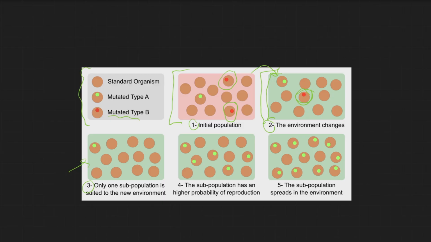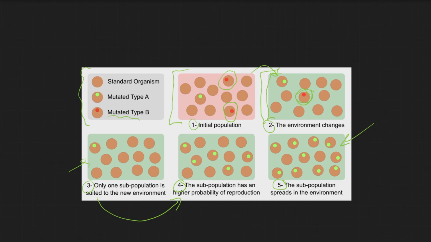All right, then, if we go from step 3 to step 4, now what's going to happen is that mutation type A starts to spread in the environment. The environment remains green, which is particularly favorable for mutation type A, and this means that in step 5 we will see organisms of type A just spreading in the environment and taking over.